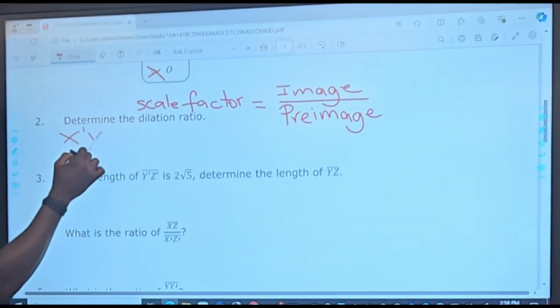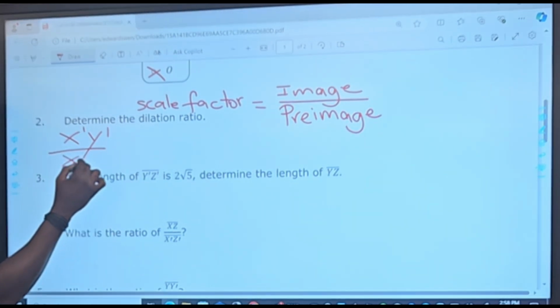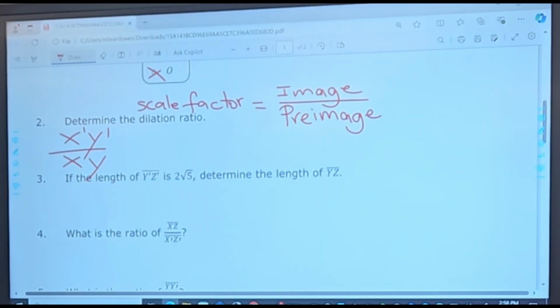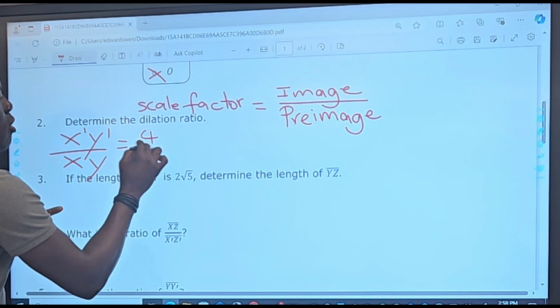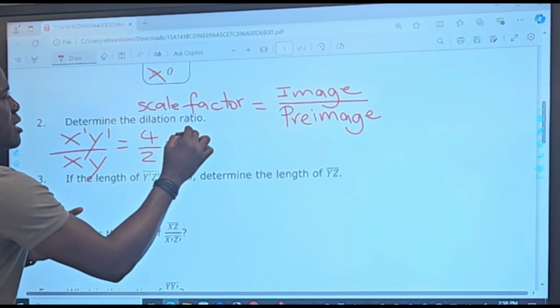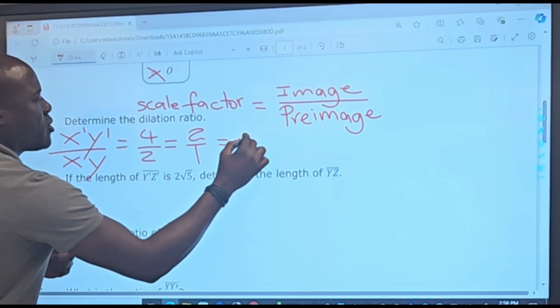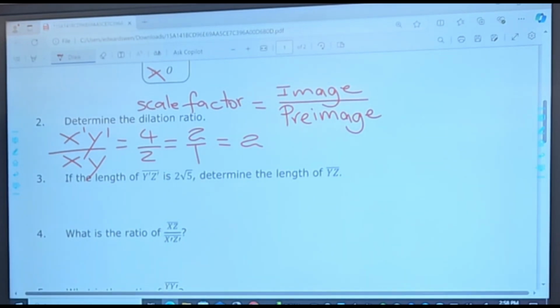X prime, y prime over x, y. Same letters. One is a prime. The image is on top, right? So 4 over 2, you break this down, 2 over 1, and we could say 2. The dilation ratio is 2 to 1.